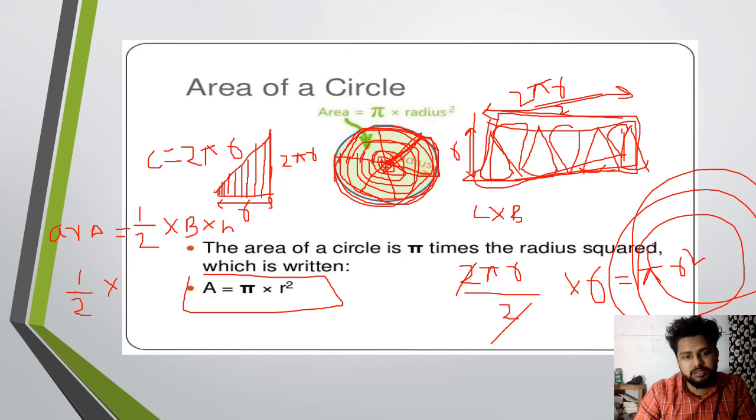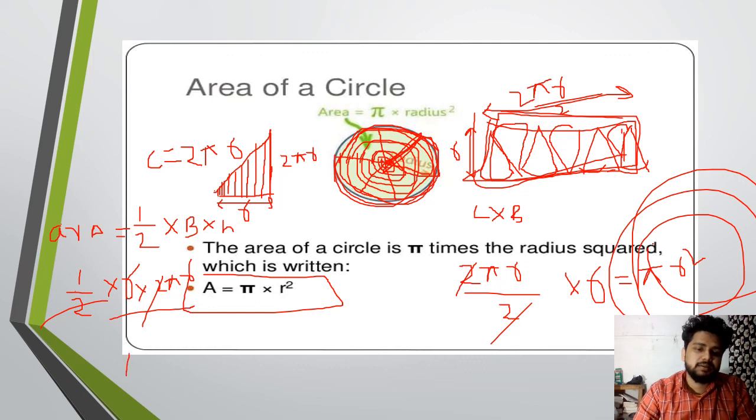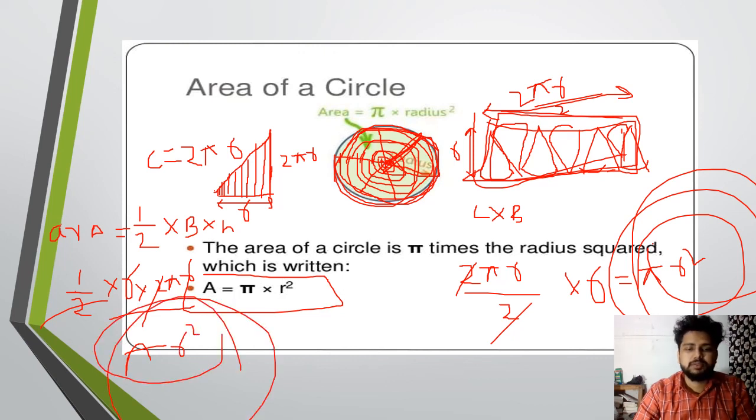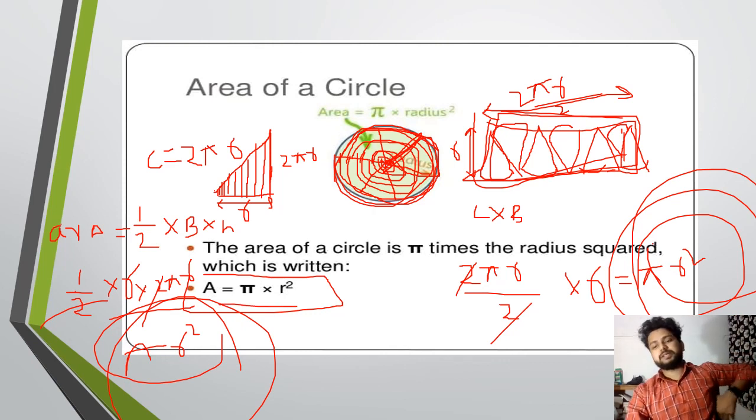Base is r, we put r here. What's the height? Height of the triangle is 2 pi r, so we put here 2 pi r. The 2 and 2 cancel, and what we get is r multiplied by pi r, which is pi r square.